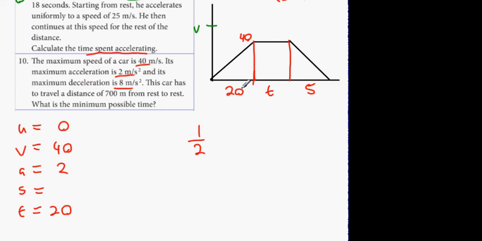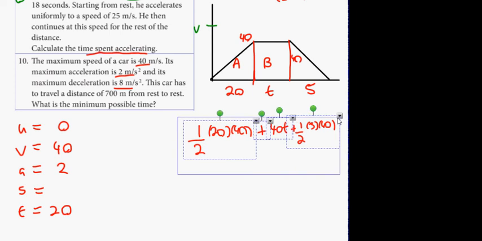A half, 20 times 40, because that's the area of A. The area of B is going to be what, guys? Length of the rectangle, which is t, by the height of the rectangle, which is 40t. And then the last one's going to be a half, 5 times 40. And that's the formula for the total distance.